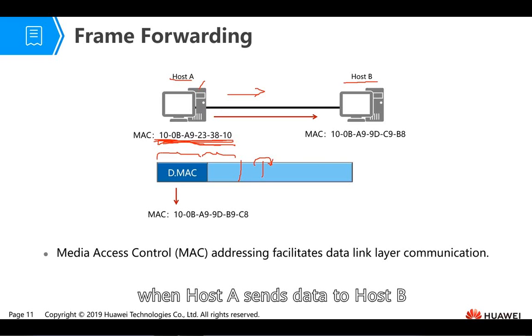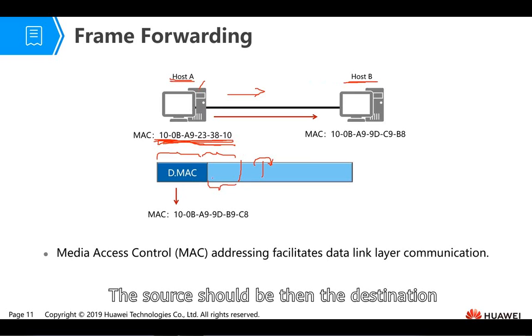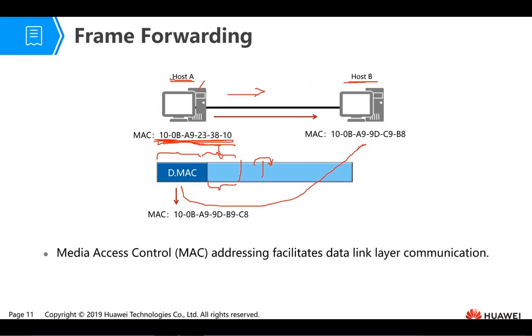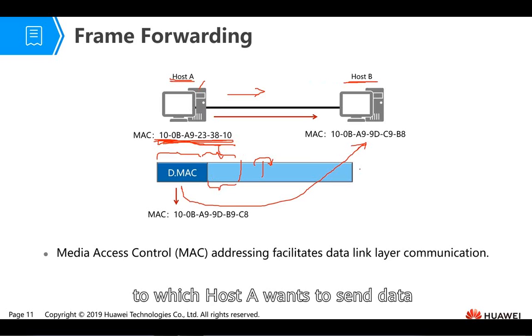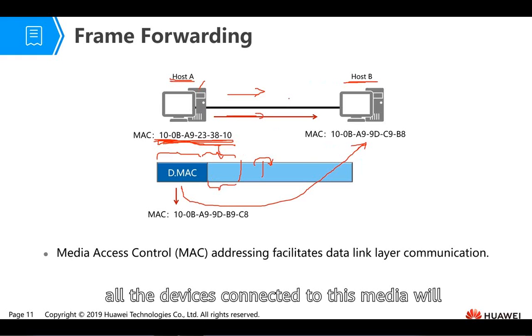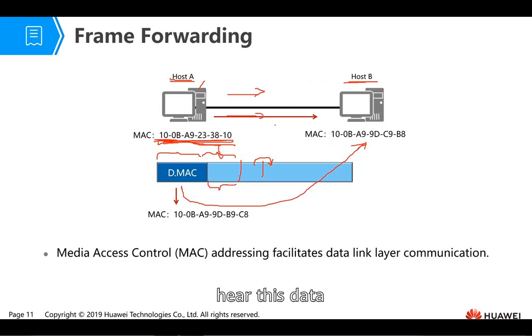When host A sends data to host B, it should fill in this field. The source should be itself, and the destination should be the device host A wants to send the data to. In this scenario, it's host B. When the data is sent to the media, all the devices connected to this media will hear this data.